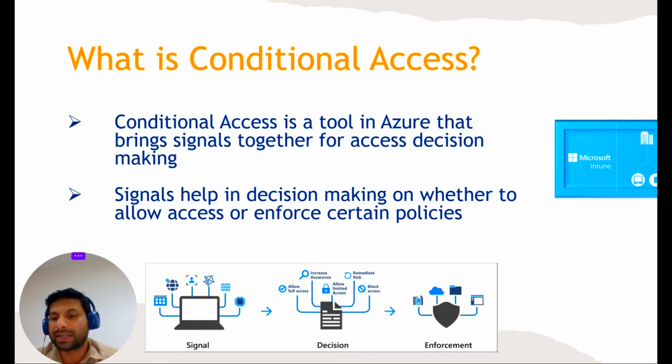Is this application an approved application or not? And device type. All these can be the signals. So conditional access collects all these signals, and then the decision has to be made. Based on that decision, some type of enforcement can be applied, like block the access or grant the access.